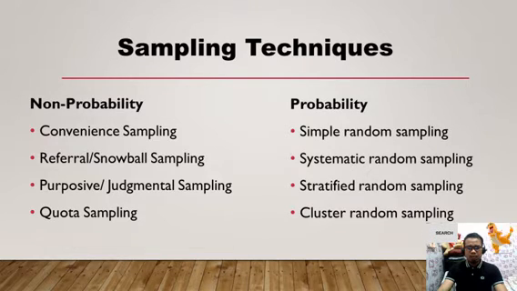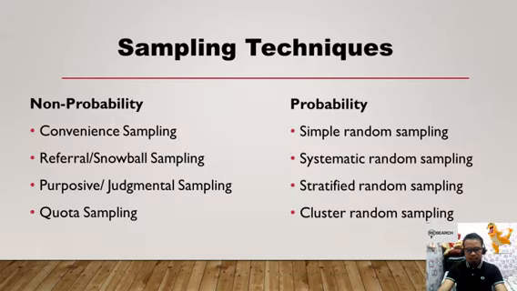The difference between the two, which we highlighted in our previous lesson, is that probability sampling is randomized, and all members of the population have the chance to get involved with the study.